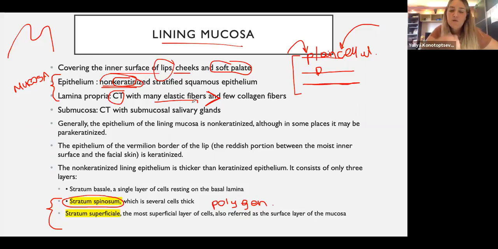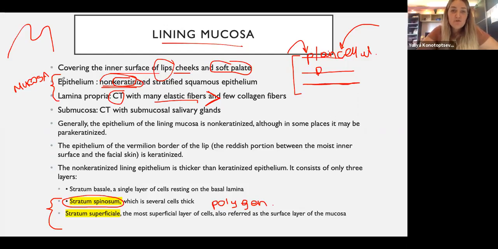Keratin has a color, so in keratinized epithelium the top layer will be darker than the rest. But still, sometimes it could be a mistake of the histologist. So to make sure, you still have to magnify into this layer right here and look for the nuclei. If you see the nuclei, this is non-keratinized. If you don't see them, this is keratinized.